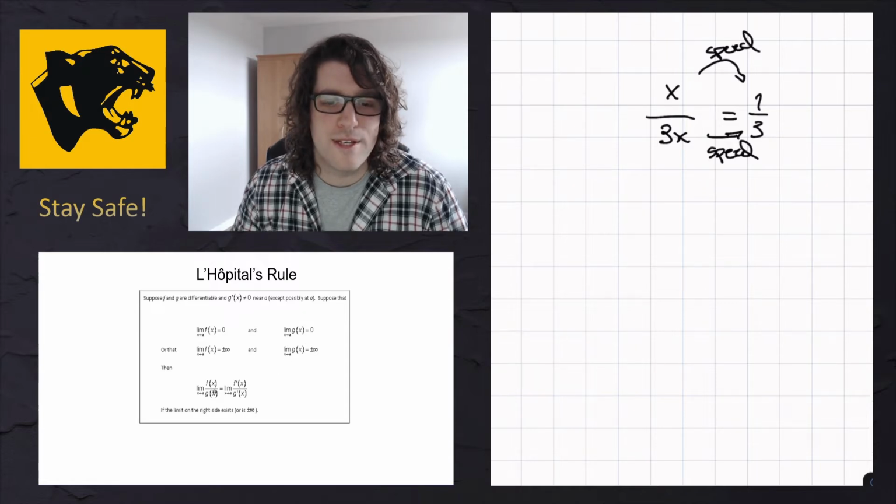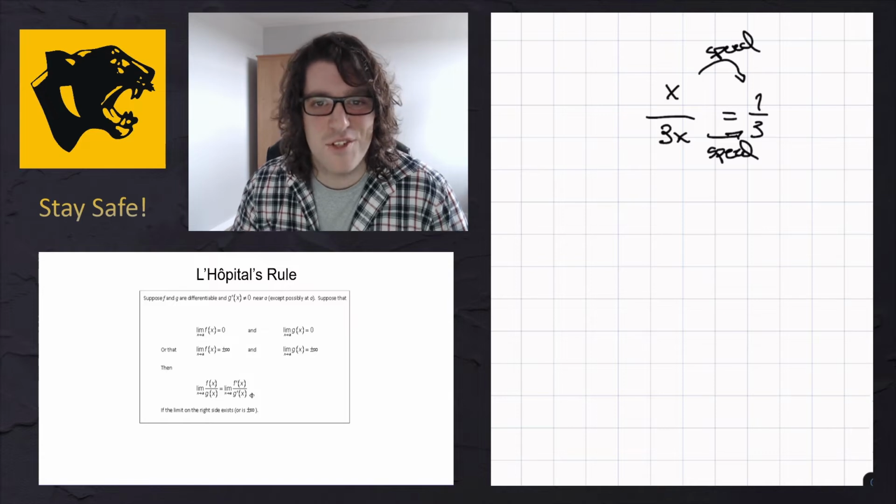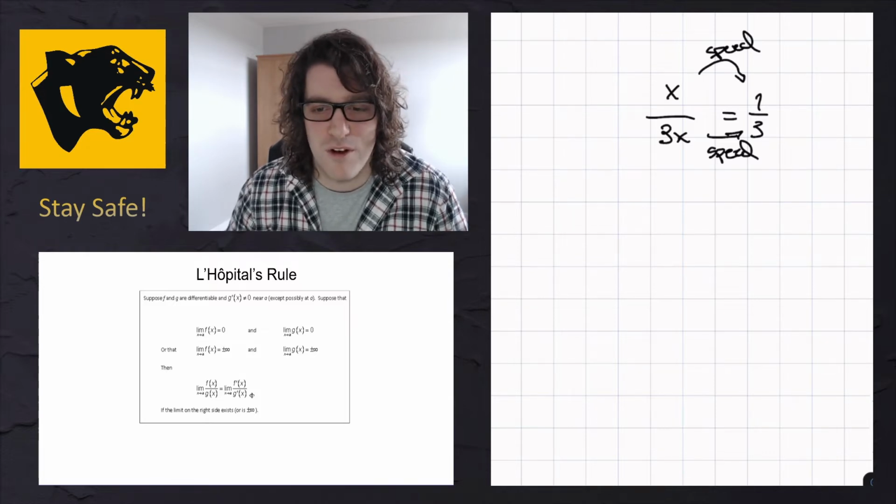which according to our limit rules is the same thing as the overall limit, is equal to the limit as x approaches a of the derivative, or the speed of change, of the top function, the numerator function, divided by the speed of change, the derivative of the bottom function.